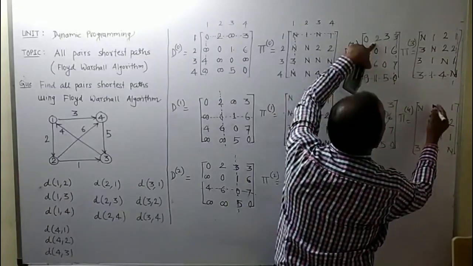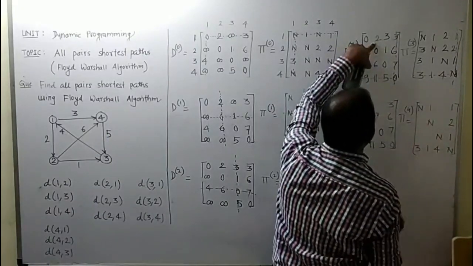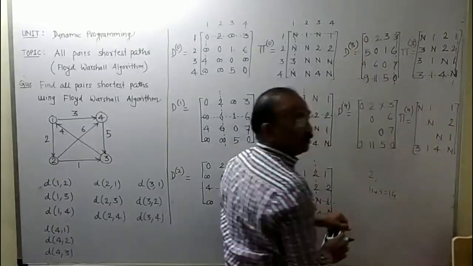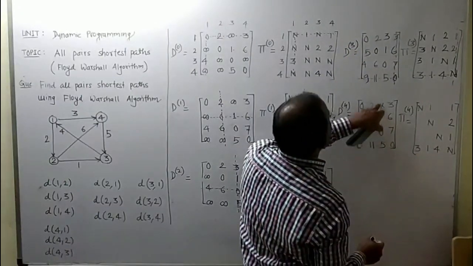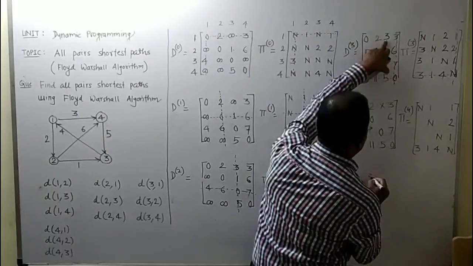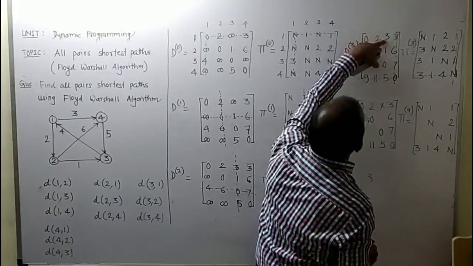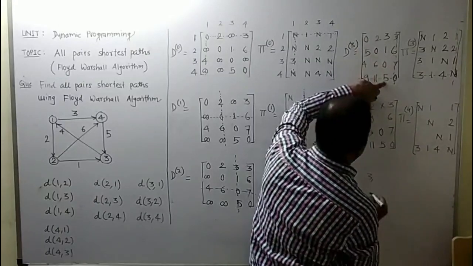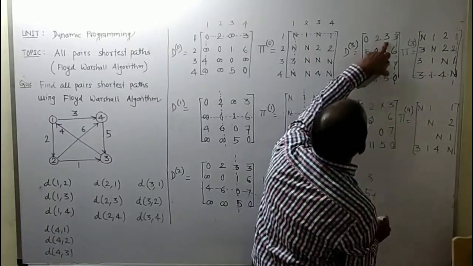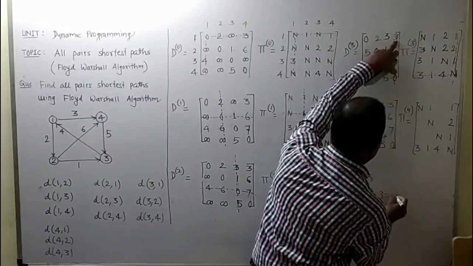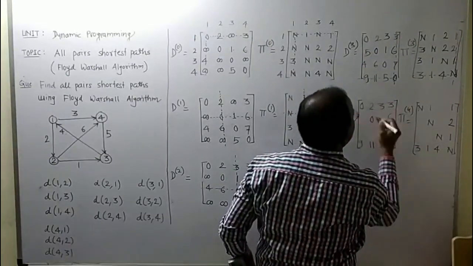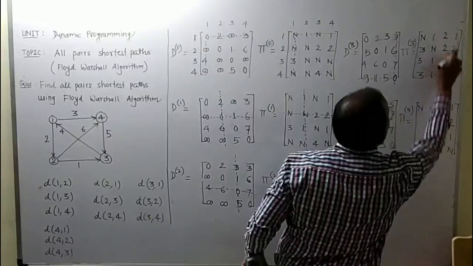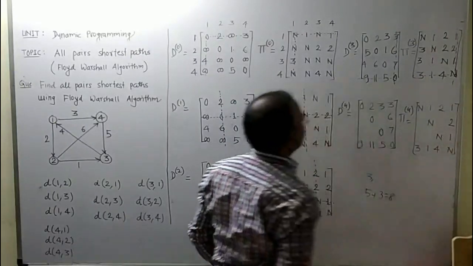So here also there will not be change. Then this place. Go to the same place in D3. You will get the value 3. First value. Then find out the next value. That is 5 plus 3, that is 8. Minimum is 3, means there will not be any change. So here will be 2 as it is, no change.